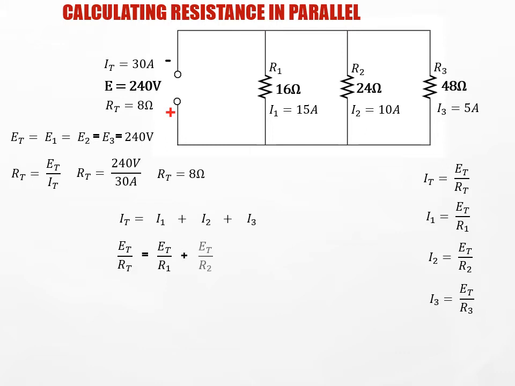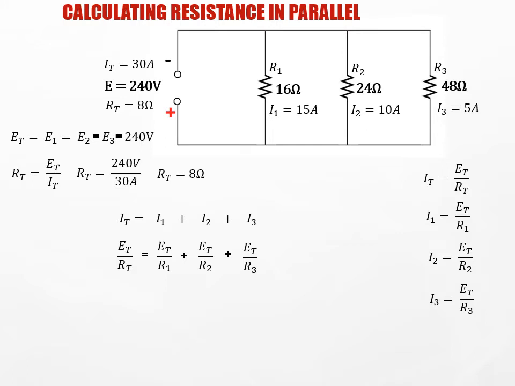And also we could substitute I2 for ET over R2. And finally, I3 could be substituted for ET over R3. So now we have a new formula: ET over RT is equal to ET over R1 plus ET over R2 plus ET over R3.